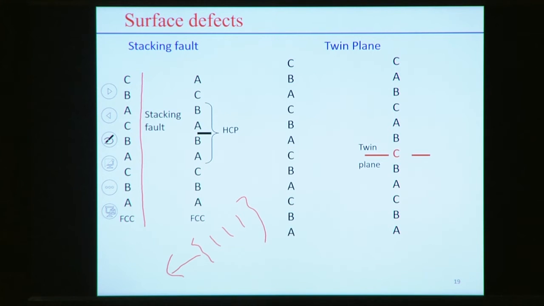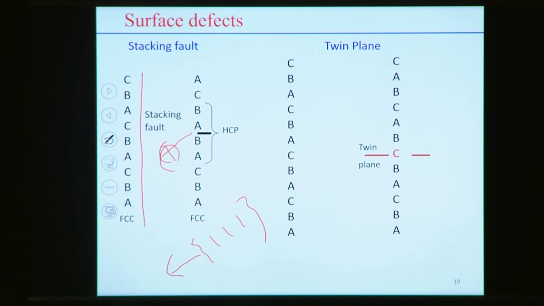Now with the regular arrangement of the stacking sequence, if there is an absence of any layer in the sequence, then this absence creates some amount of stacking fault. For example, in the FCC structure there is a missing layer, so A, C, B, like that, so C is actually missing here.